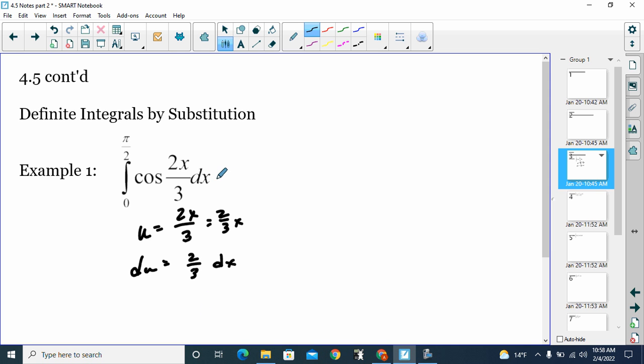So I need 2/3 dx, so I need to multiply by 2/3 so that I have 2/3 dx right there. If I multiply by 2/3, I also need to multiply by 3/2. And now I can rewrite in terms of u. So I have 3/2 times the integral of cosine u du.